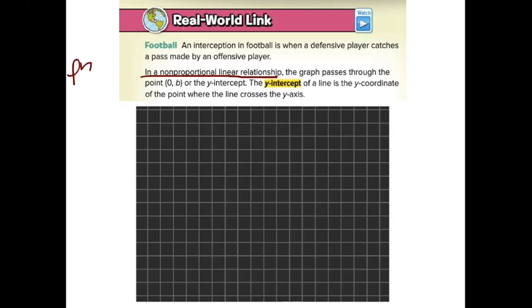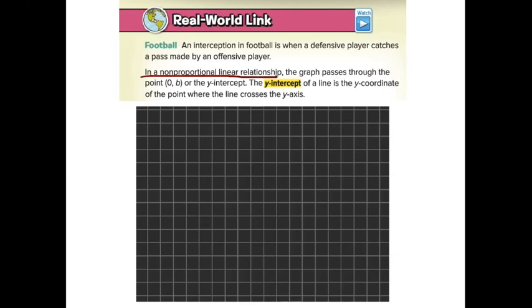Now, if you remember, for proportional, that was where you had your x and y axis and your line went through the origin. Okay, so remember, with a proportional line, it went through the origin. Now we're talking about non-proportional.